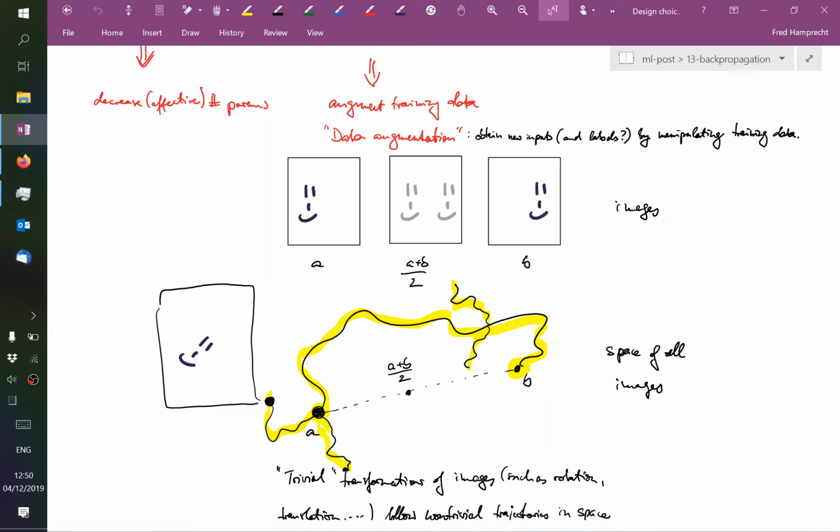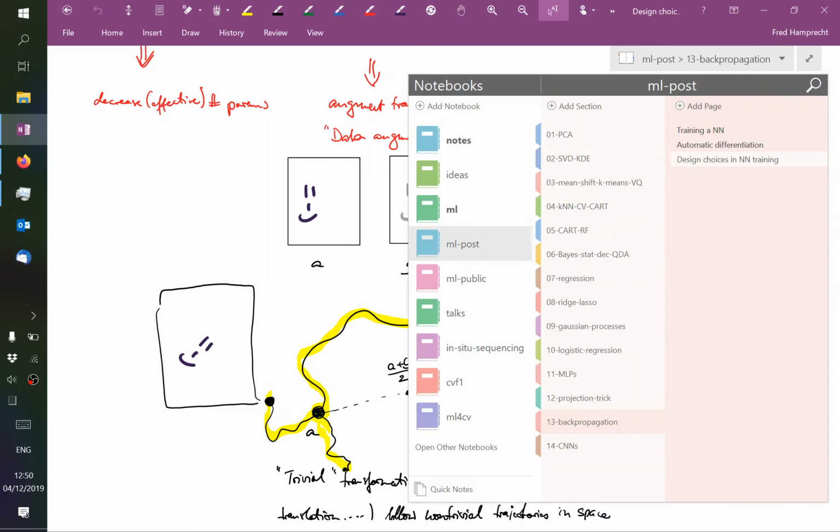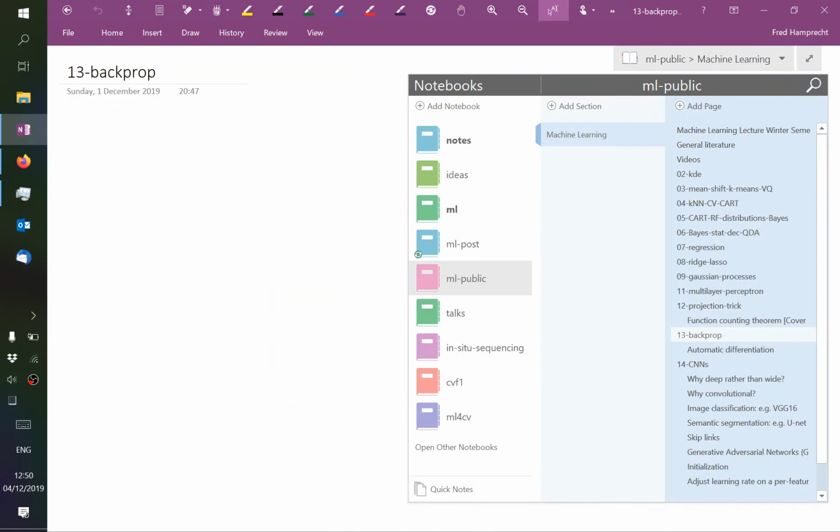Point B is also a good representative, but the point in between is not. So this manifold of images that we perceive as natural is a very highly curved manifold and not trivial to learn to sample from. Good.